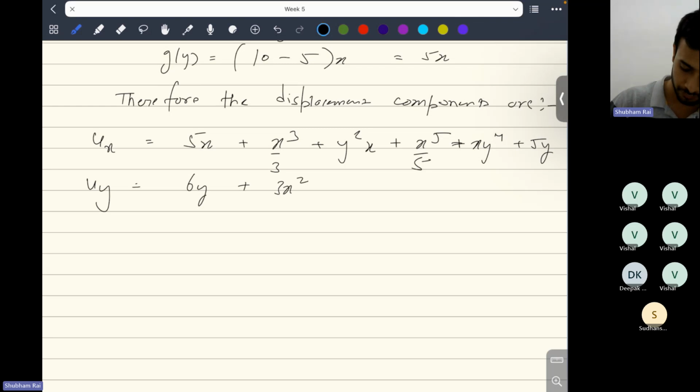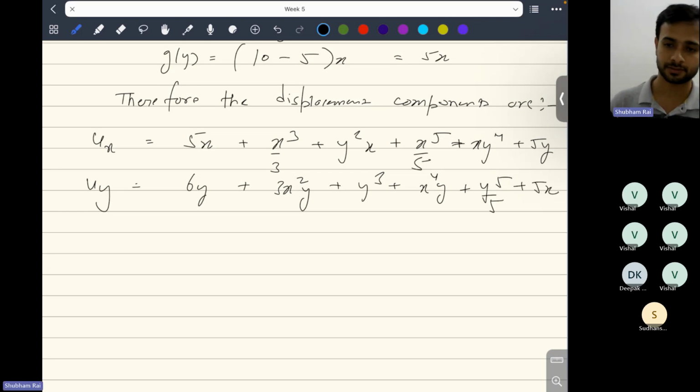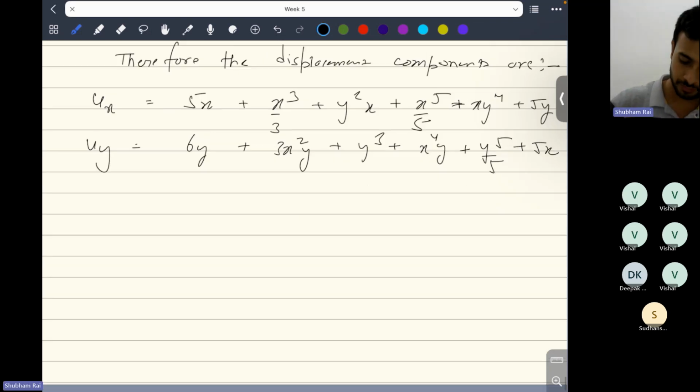I'm just putting the value of f of y in u of x. y³ plus x⁴y plus y⁵ by 5 is 5x. So these are the final displacements that you have, and you can solve for the second part as well.